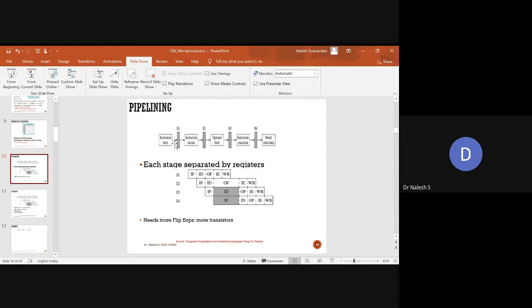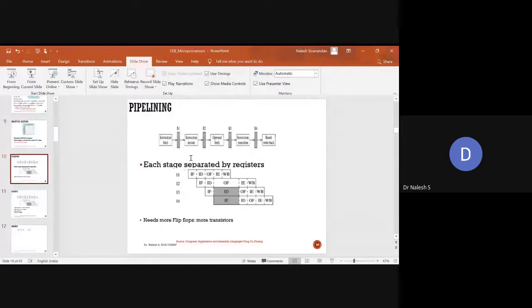Only during clock edges will data move from one stage to the other. For example, the first instruction completes instruction fetch, then the clock edge comes, and the fetched instruction moves to instruction decode. Whatever happens to instruction fetch now won't affect instruction decode until the next clock cycle. So by introducing flip-flops or registers, you can introduce pipelining.